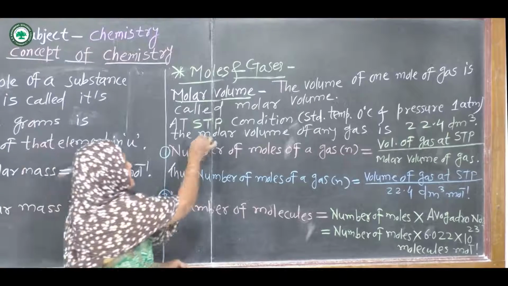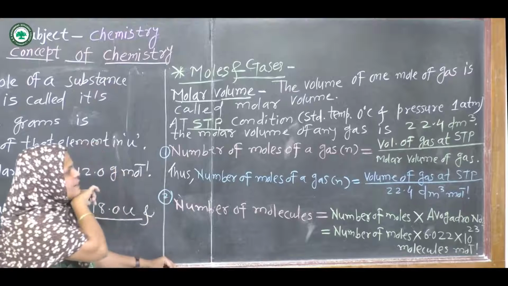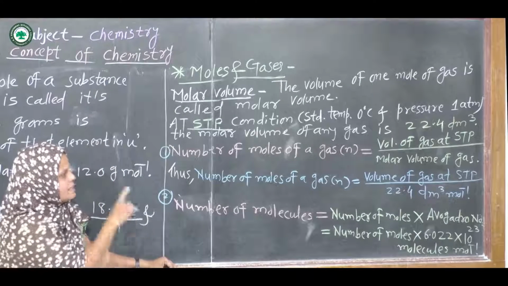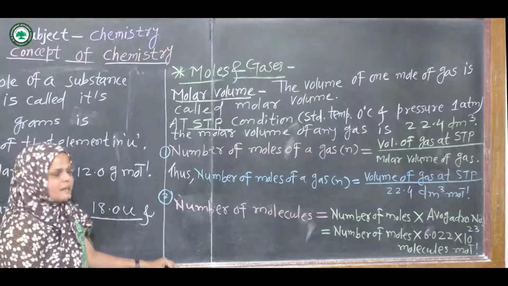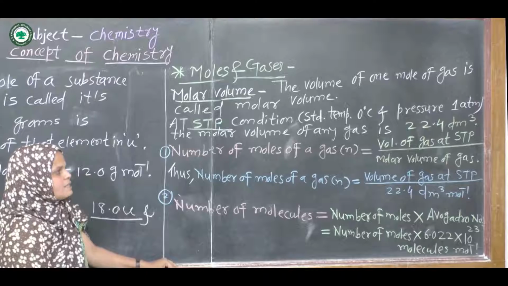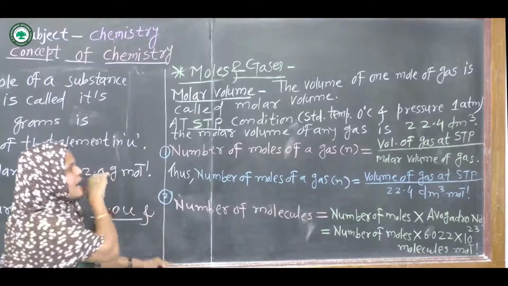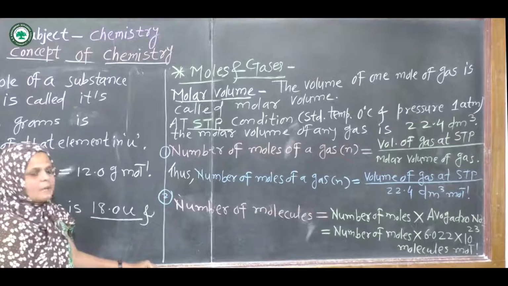At STP condition, STP condition means which condition? Standard temperature, which is 0 degree Celsius, and pressure, which is measured as 1 atmosphere. STP condition means standard temperature 0 degree Celsius and pressure 1 atmosphere.